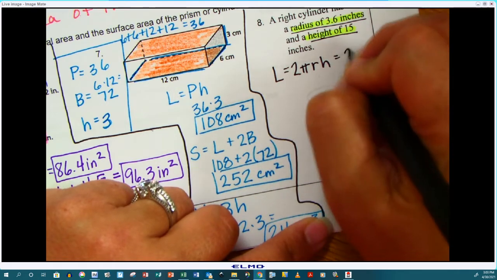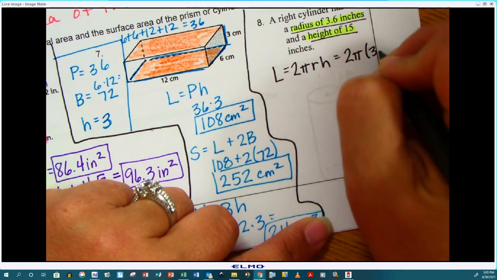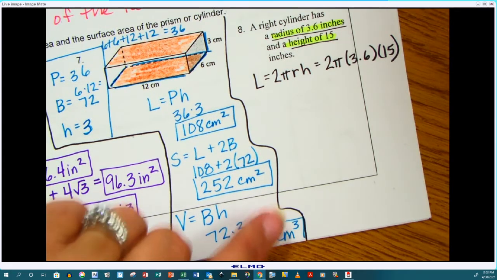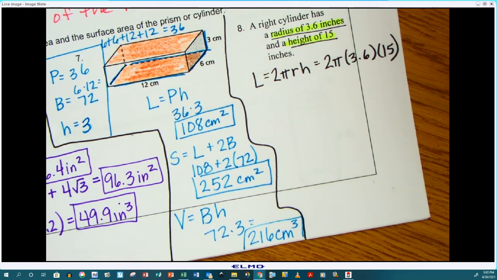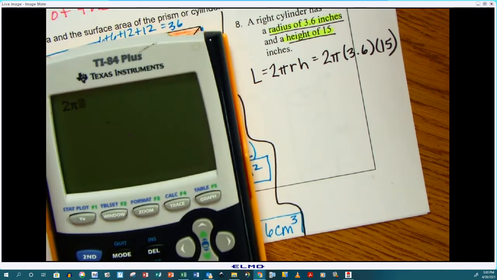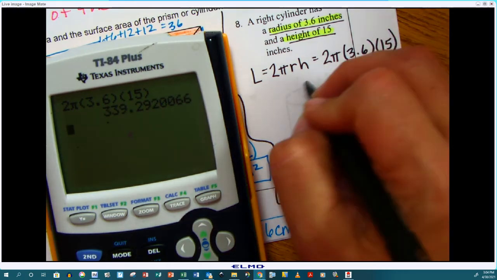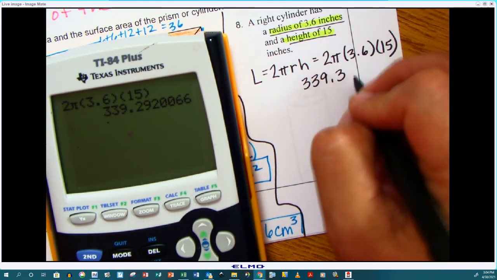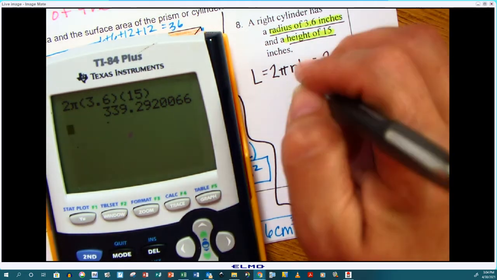So that means 2 pi RH. And then just type it in and hit enter. So 339.3. This is inches squared.